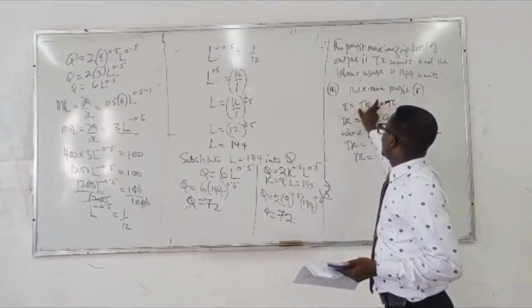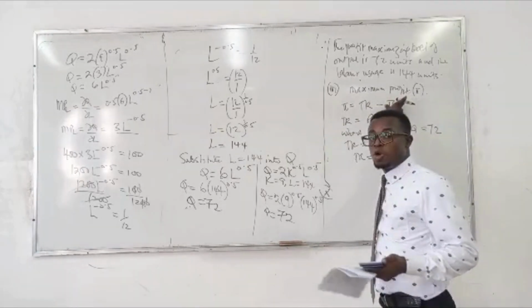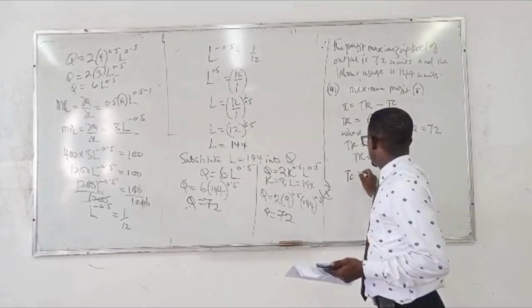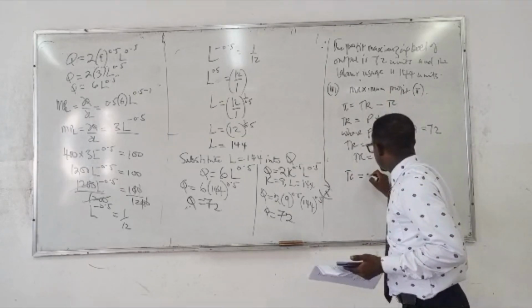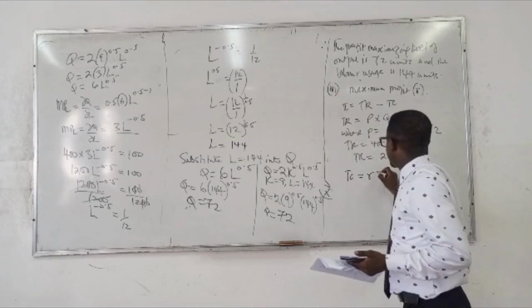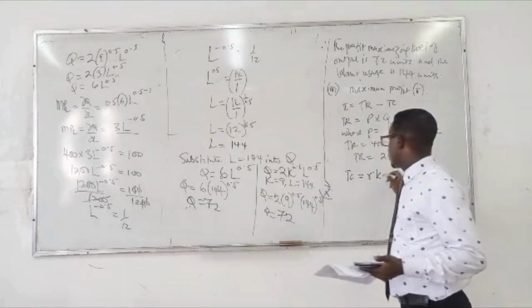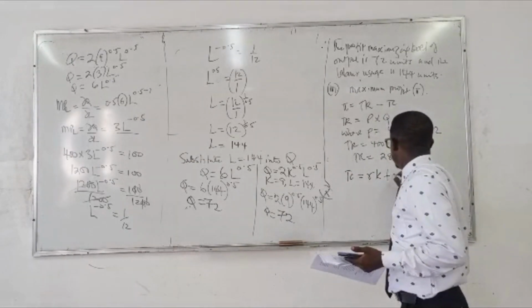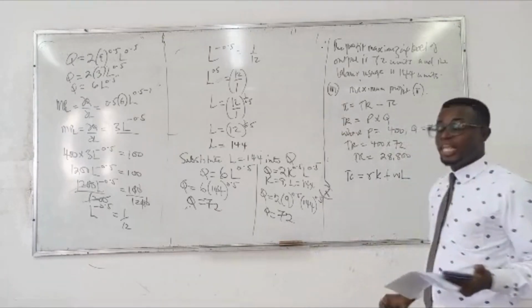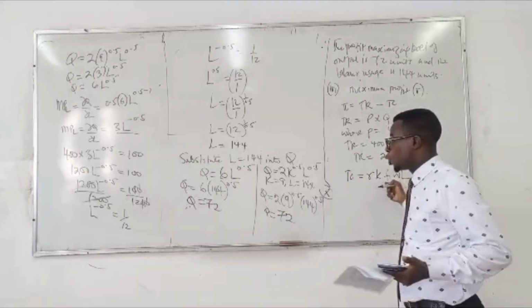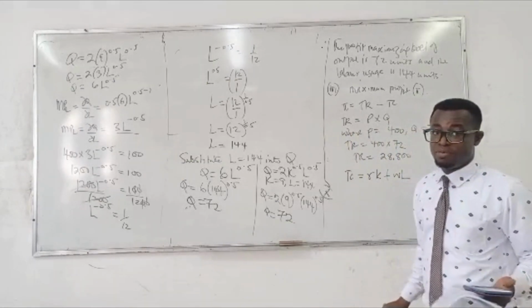But having gotten the value for total revenue, have you gotten the value for total cost? No. So total cost, what will be the formula? Remember, we want the per unit cost of capital times the unit of capital plus the per unit cost of labor times the unit of labor. In this question, I'm using the R and W because that is what the question gave.